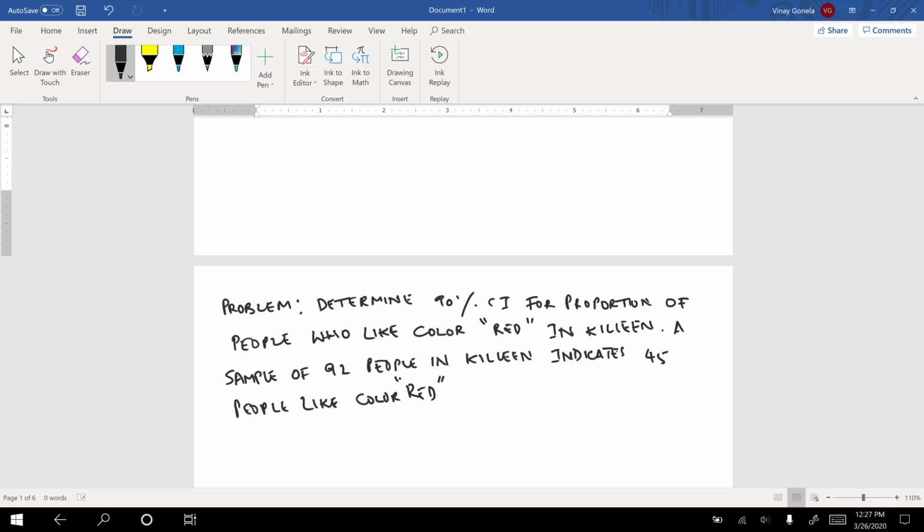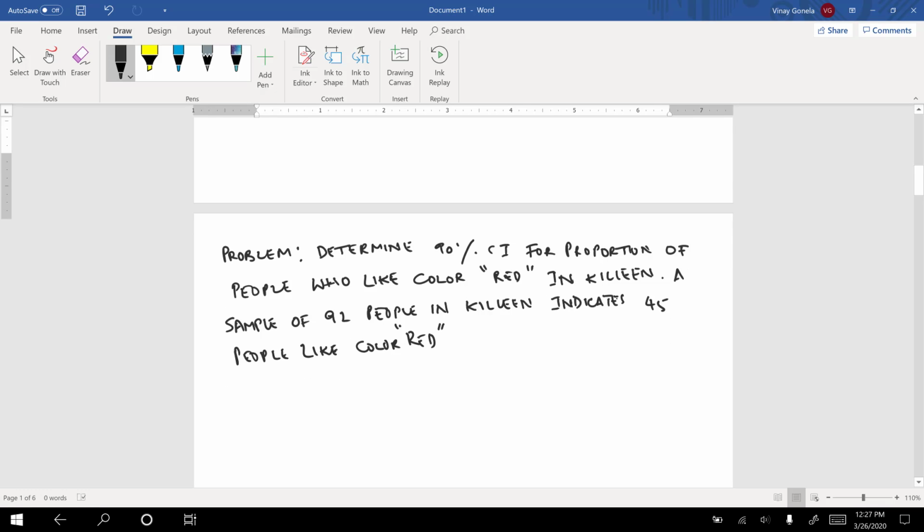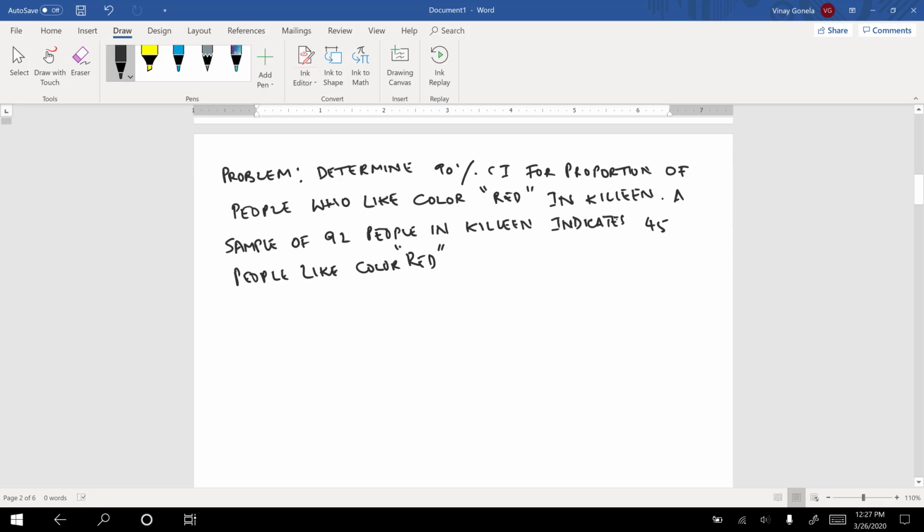So we took a sample of 92 people and 45 people said that they like color red. So the first thing is, we took a sample, so our sample size is n, and this is all given.